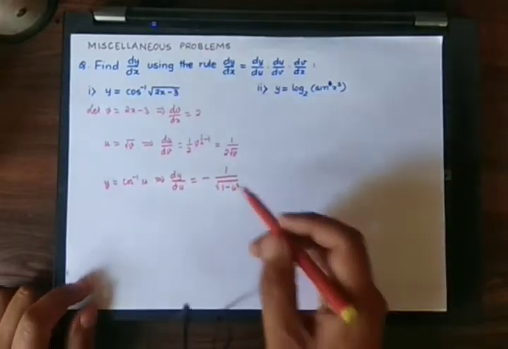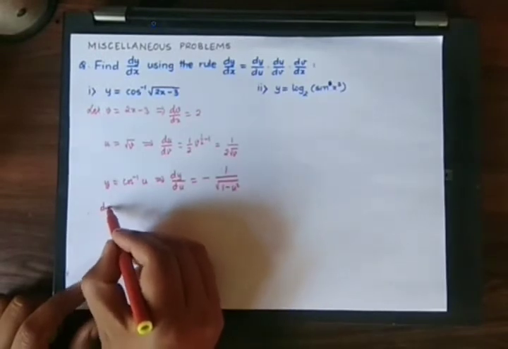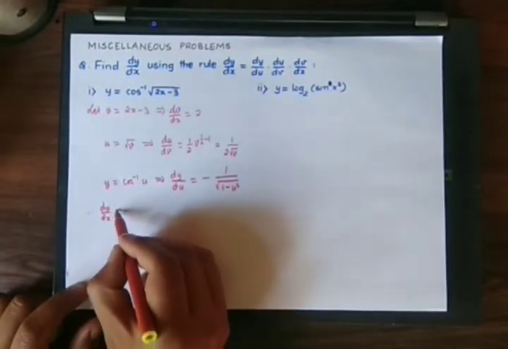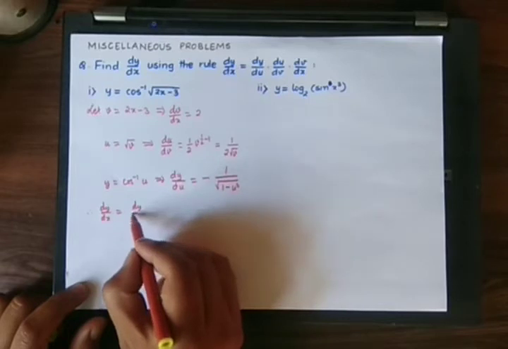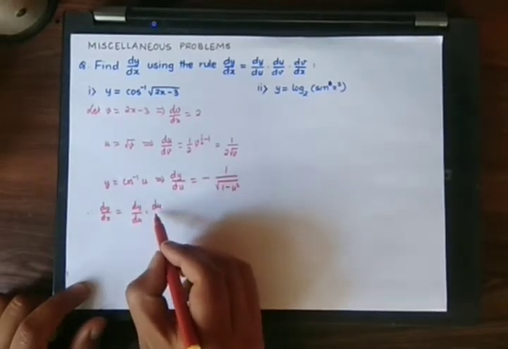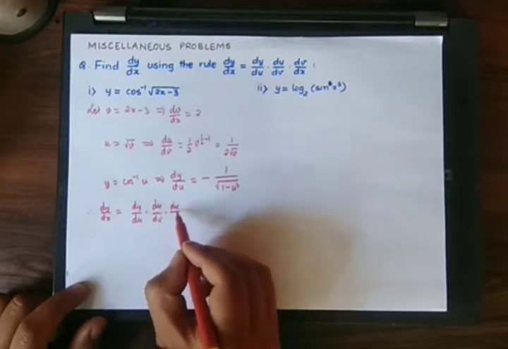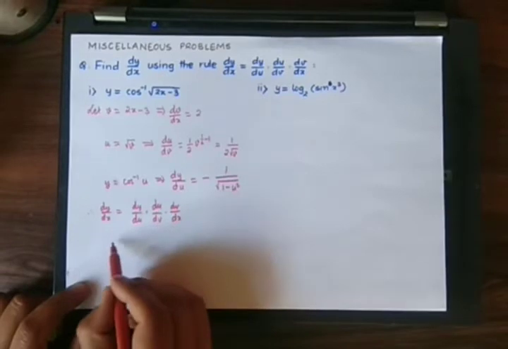Okay, now let us put back these values. So therefore we'll get dy by dx equals dy by du into du by dv into dv by dx. Now let us put the values.